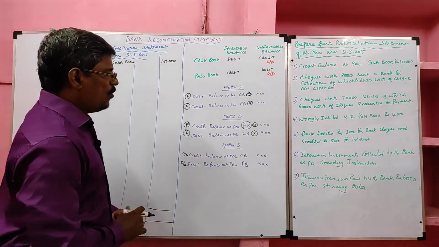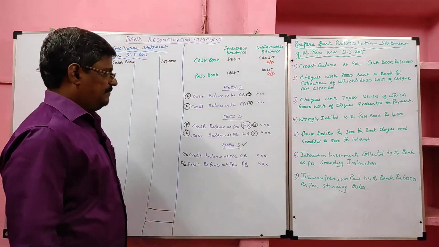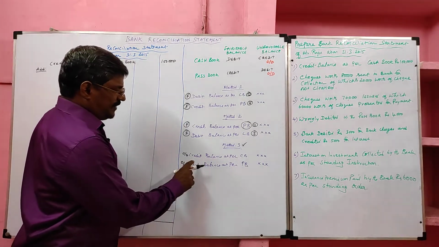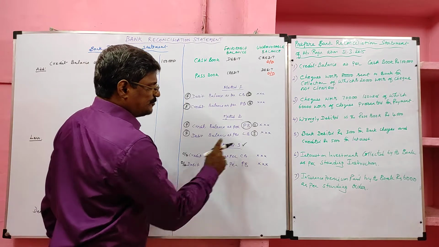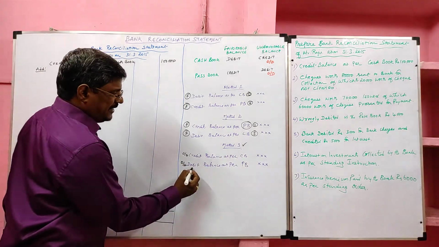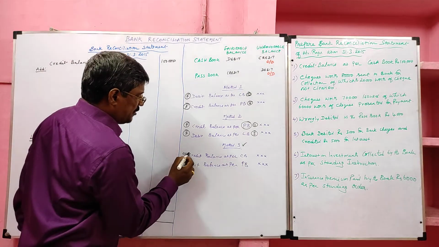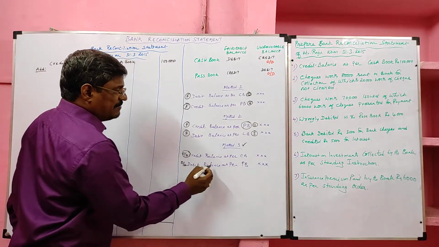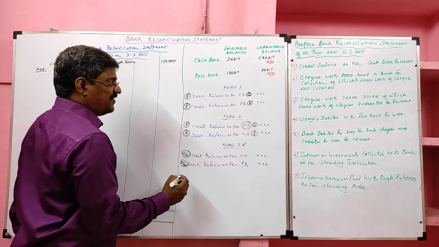Now method 3 we are going to learn. Credit balance as per cash book is given. We have to ascertain debit balance as per passbook. Credit balance as per cash book is a bank overdraft. Debit balance as per passbook is a bank overdraft. Both are unfavorable balance.